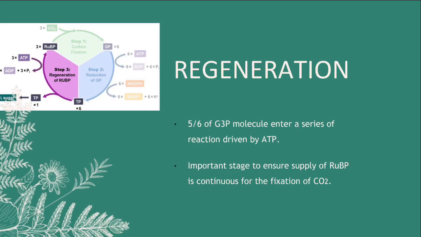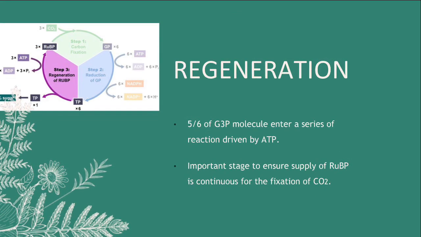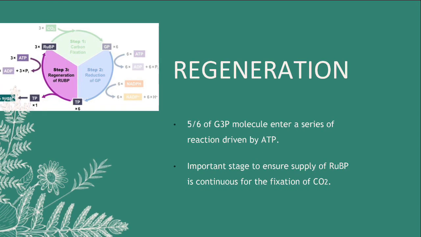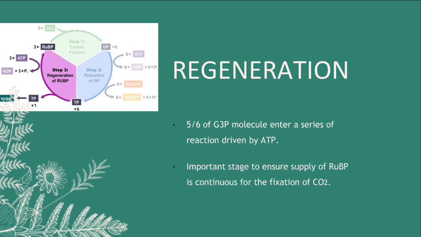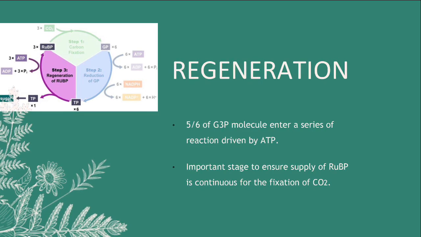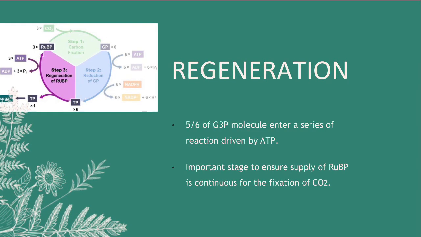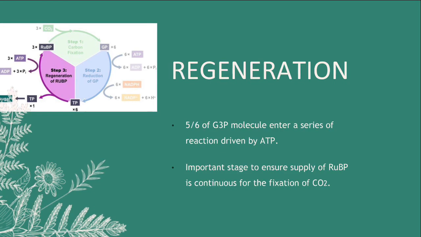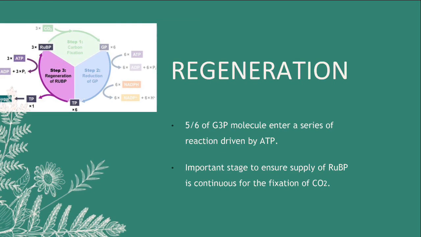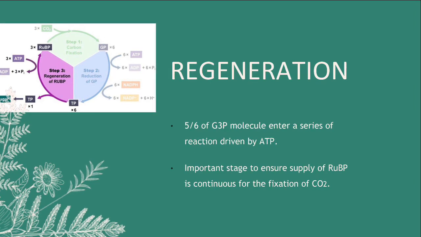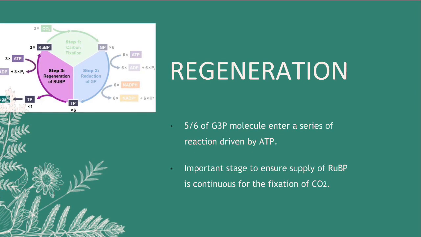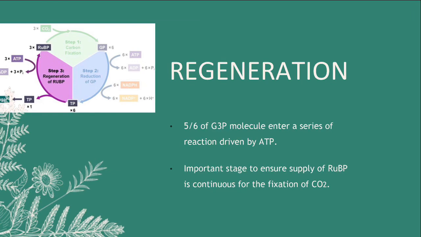For the next phase, interestingly, at this point, only one of the G3P molecules leaves the Calvin cycle to contribute to the formation of other compounds needed by the organism. In plants, because the G3P exported from the Calvin cycle has 3 carbon atoms, it takes 3 turns of the Calvin cycle to fix enough net carbon to export 1 G3P.